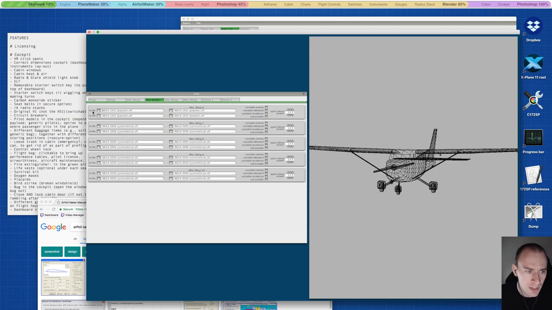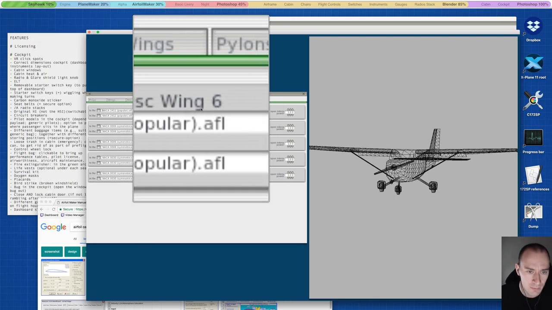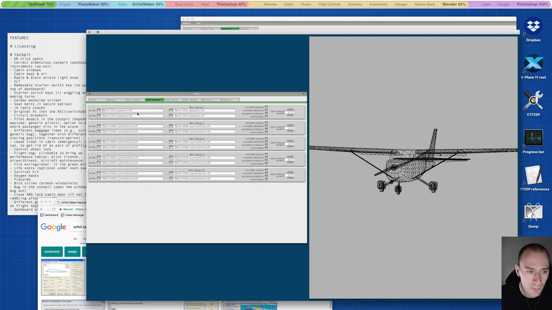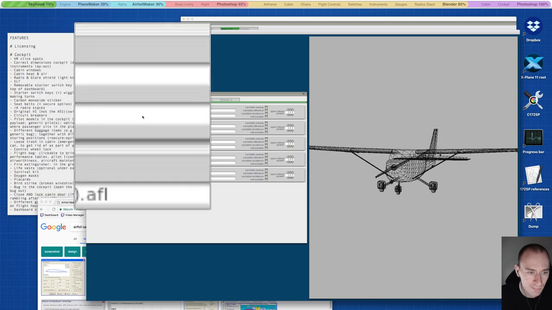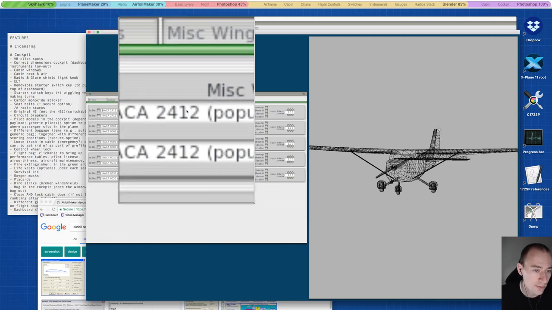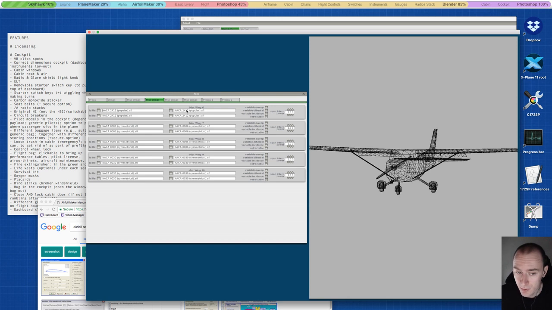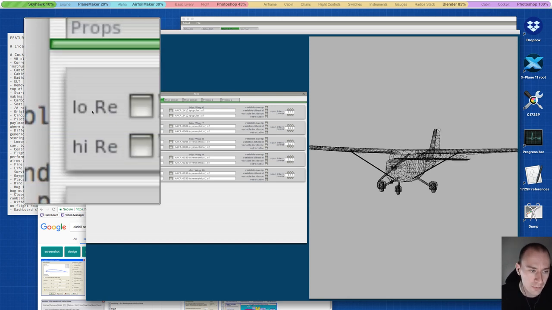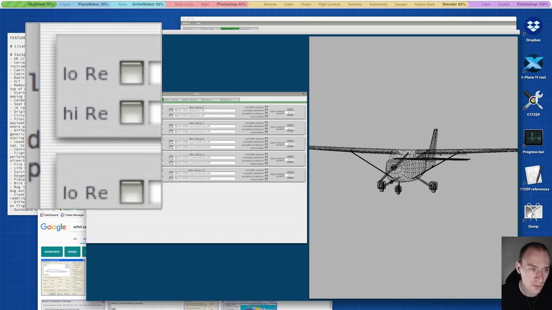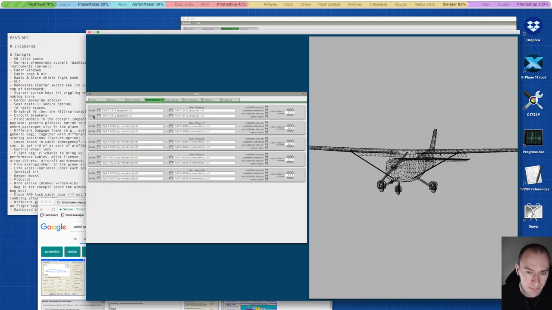But apparently, as you can see, we got multiple for one wing section. For example, wing section 6, we have 4 different options to set a particular airfoil, and it's partly based off of low and high Reynolds number that I don't quite get yet.